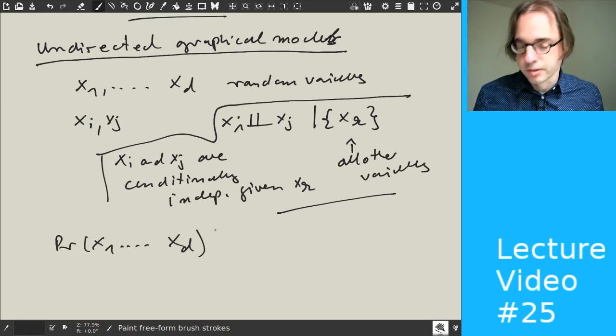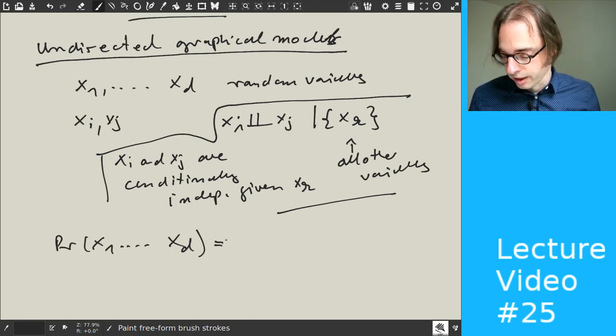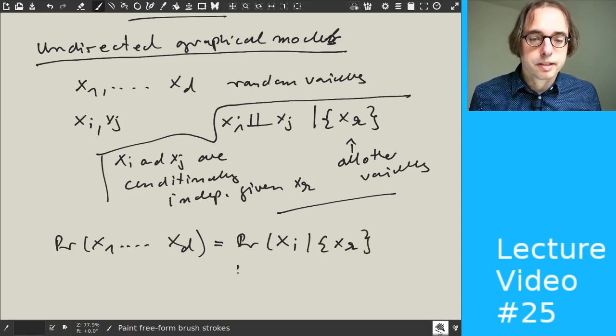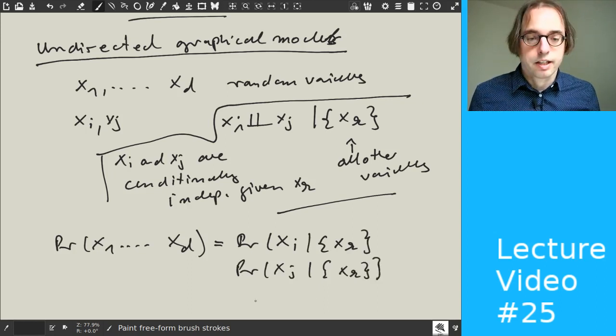The joint distribution is simply the product of the xi, so this is one node, given the other variables xk, times xj given all the other variables xk, times the probability of the joint distribution of the xk.